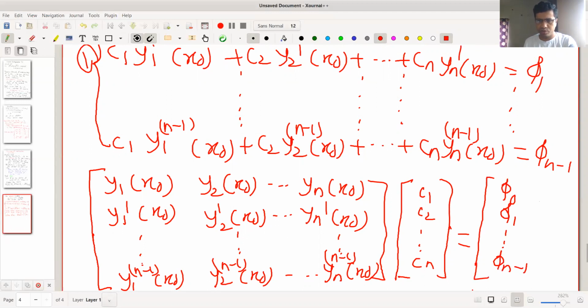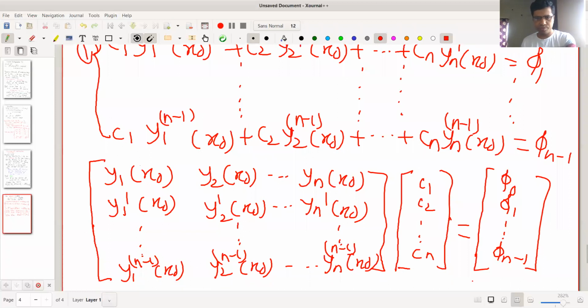So system of equations 1 is the same as this matrix equation.